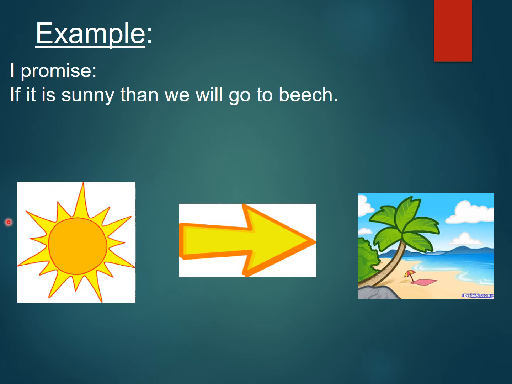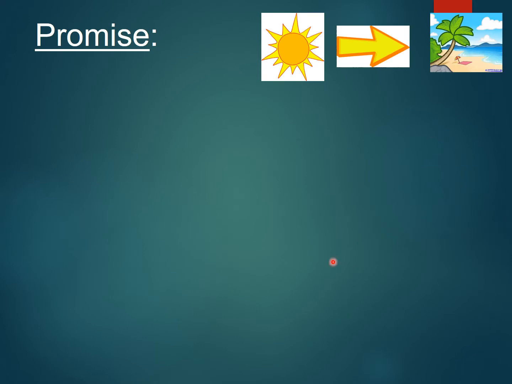Like, if it is sunny, then we will go to the beach. Keep this promise in your mind. So you have my promise that if it is sunny, then we will go to the beach. The question is, did I keep it or not?